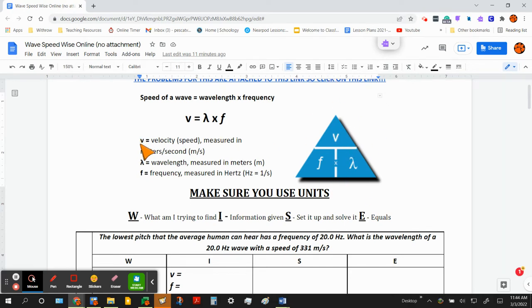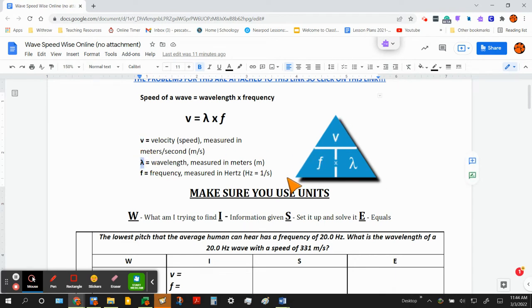If I'm trying to find velocity, v, I'm going to cover up the top here, which leaves me f times wavelength. If it's going left to right across the bottom, you're going to multiply. If what you have left is up and down, you're going to divide. You literally will have your numerator over your denominator.